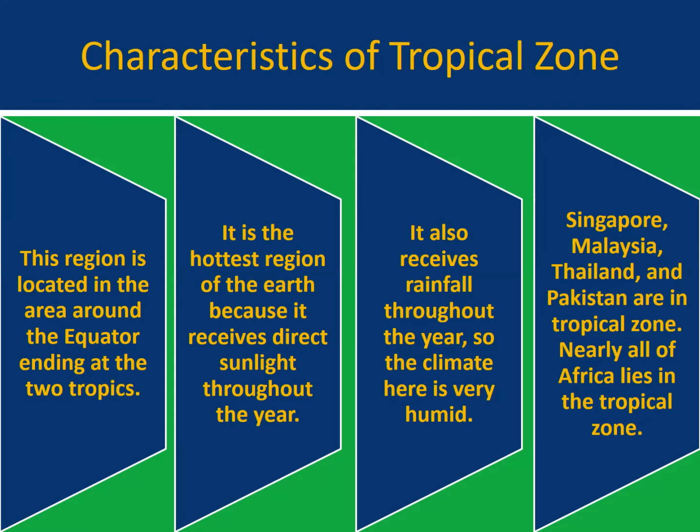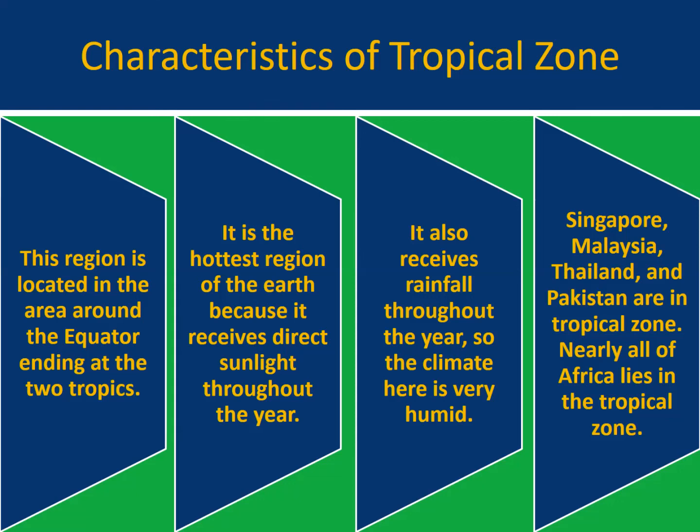See the characteristics of tropical zone. This region is located in the area around the equator, ending at the two tropics. It is the hottest region of the earth because it receives direct sunlight throughout the year. Number 3, it also receives rainfall throughout the year. So the climate here is very humid.